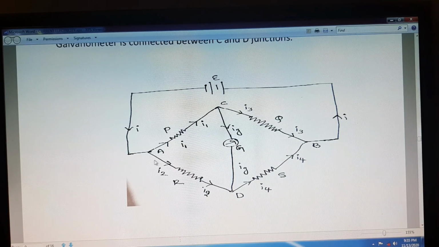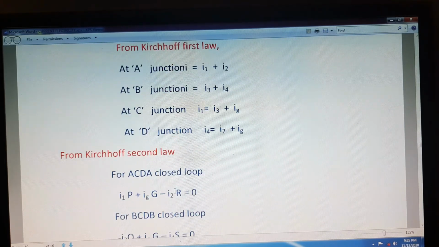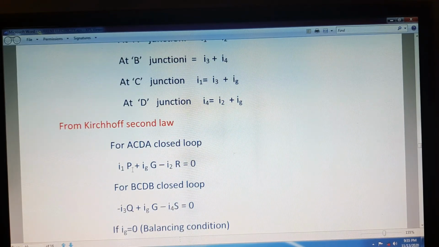Next one, D to A. We can observe that from D to A, the arrow mark shows the current is opposite to the direction. It is anti-clockwise, so we take the minus symbol: minus I2R is equal to 0. So we have I1P plus IgG, minus I2R is equal to 0.